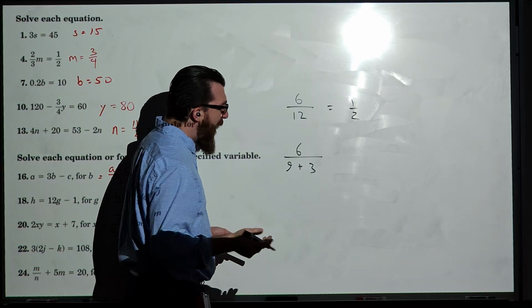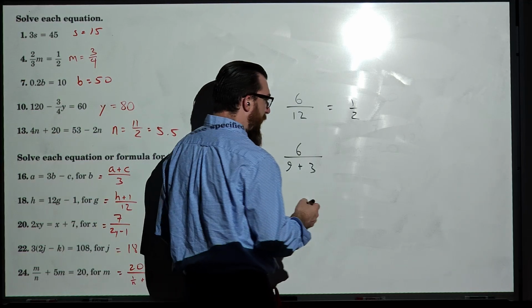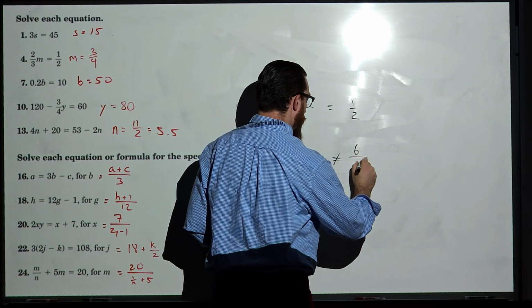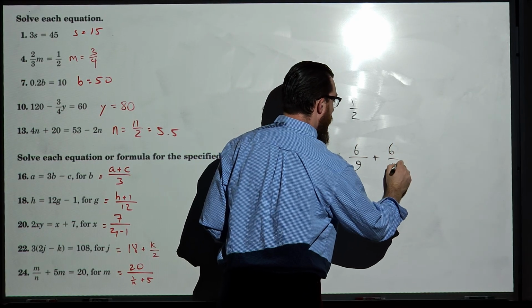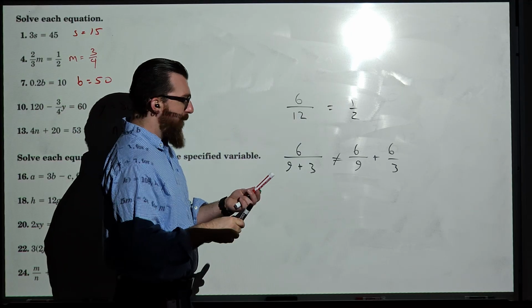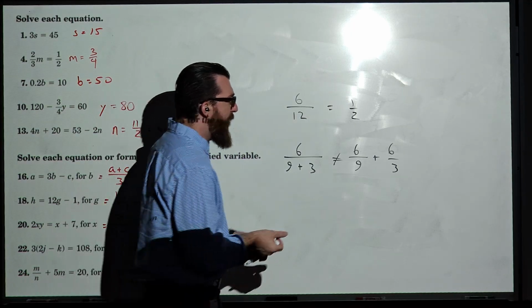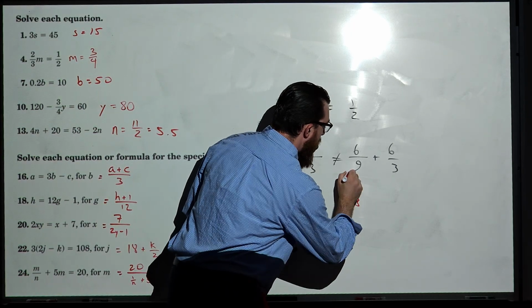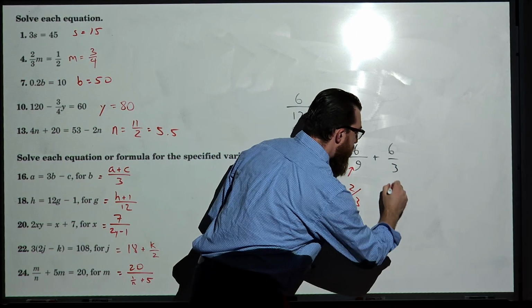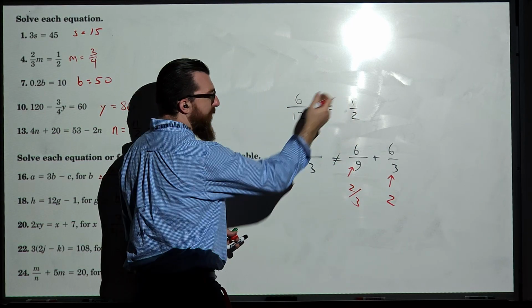All right, well, this is not the same thing as 6 over 9 plus 6 over 3. It absolutely just cannot be. And why this is obvious is that this is 2/3, which is bigger than 1/2, and this is just straight up 2, which is greater than 1/2.